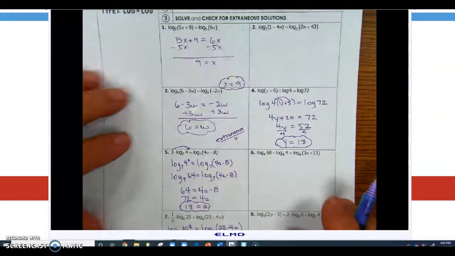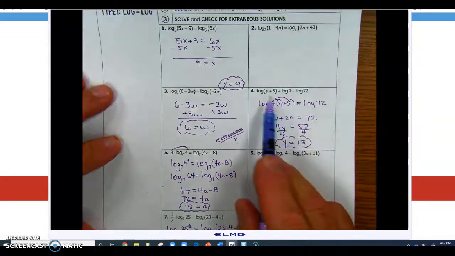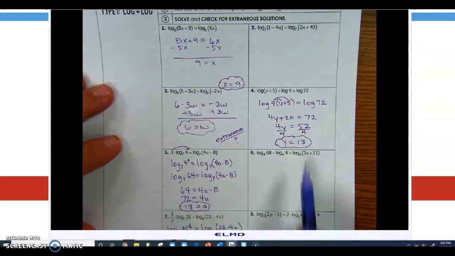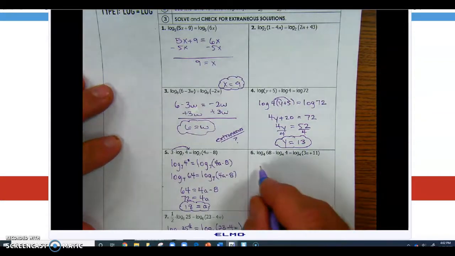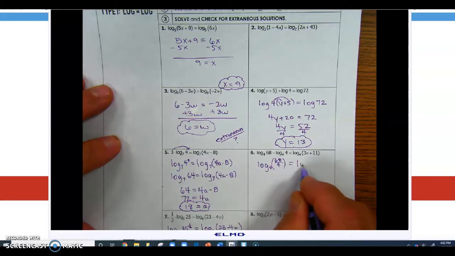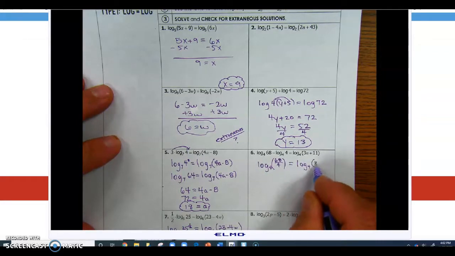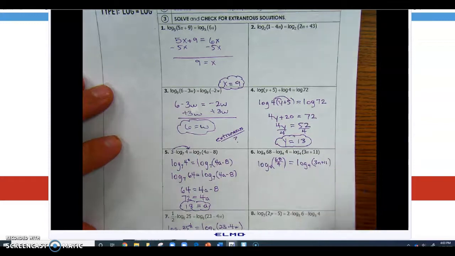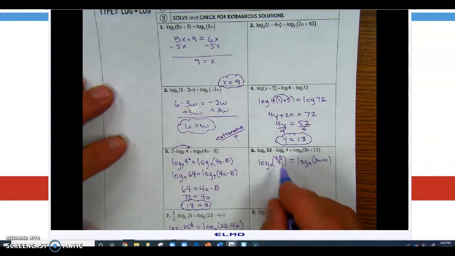Okay, so I had to condense the 2 logs over here into 1 log and then drop the logs. Let's condense this one. Log base 4 of 68 divided by 4 equals log base 4 of 3n plus 11. 68 divided by 4, that's 17.